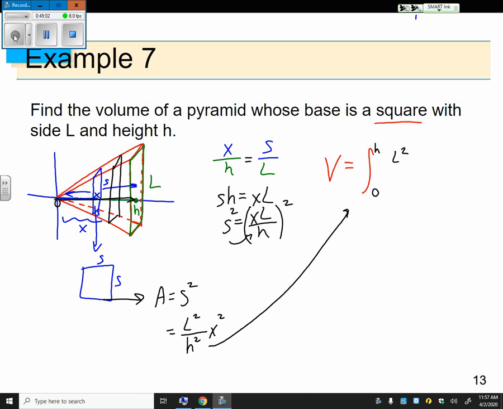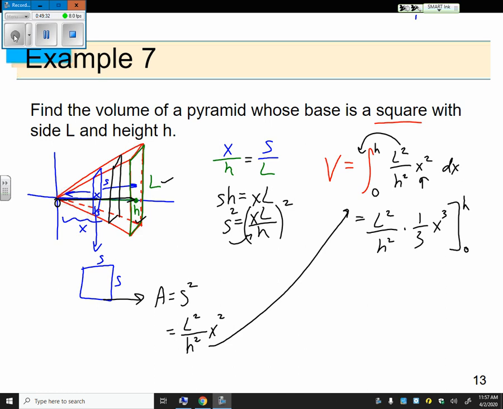So L squared over H squared times X squared. And this is going to be in terms of X. Since it's in terms of X, I could bring this out in front of my integration. I have L squared over H squared, and all I have to do is integrate the X squared, which gives me 1/3 X cubed, evaluated from 0 to H. L and H in this case are constants, and that's why I could bring that out in front.